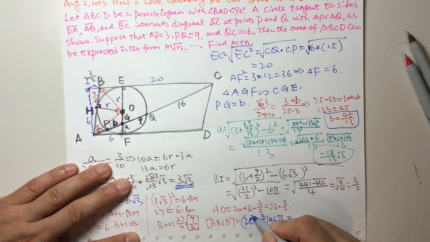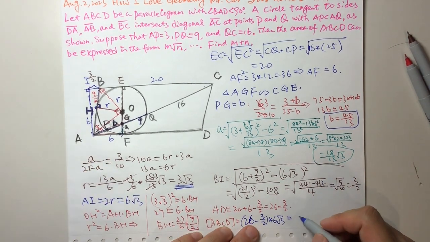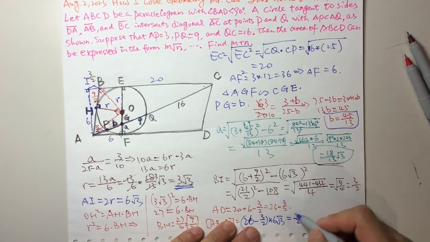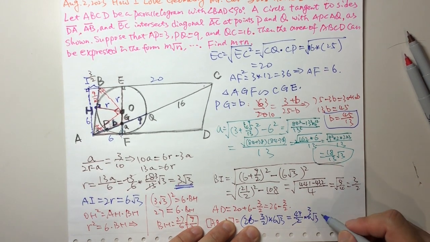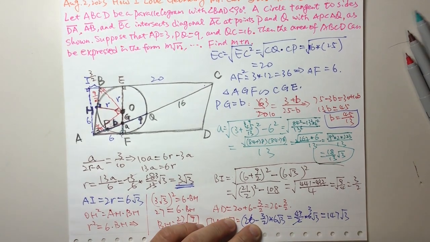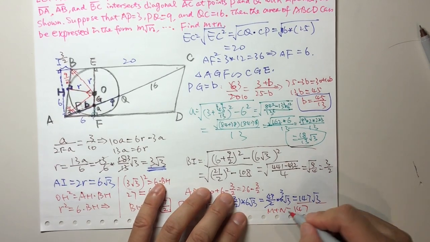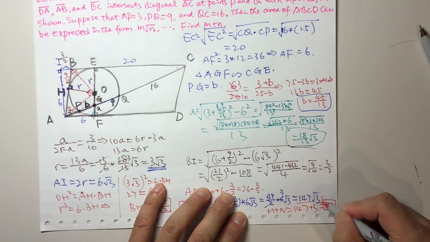So 26 times 2 is 52, minus 3 is 49, times 6 square root of 3. That's 3 times 49, 147 square root of 3. So finally, m plus n: m is 147, plus n is 3. So it's 150. Done. That's the final answer.